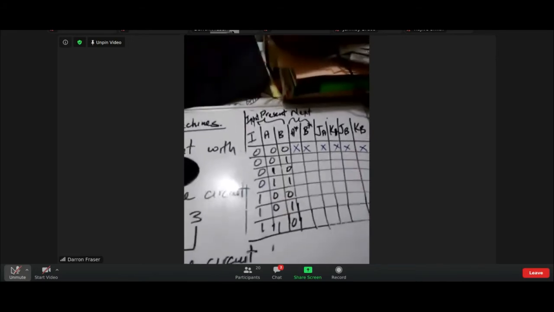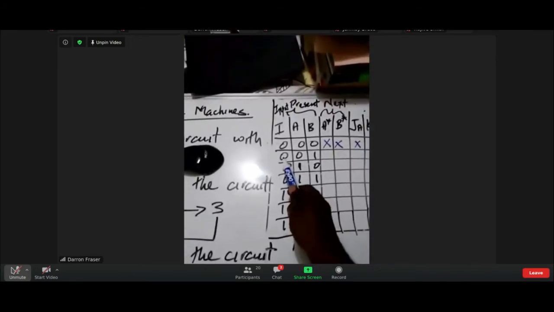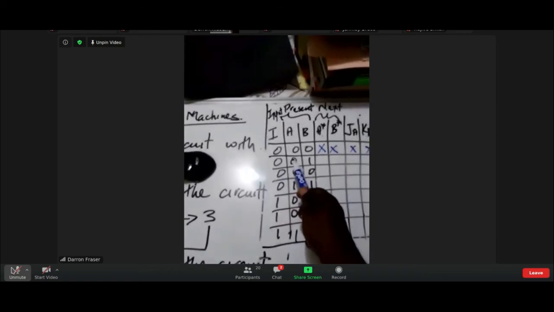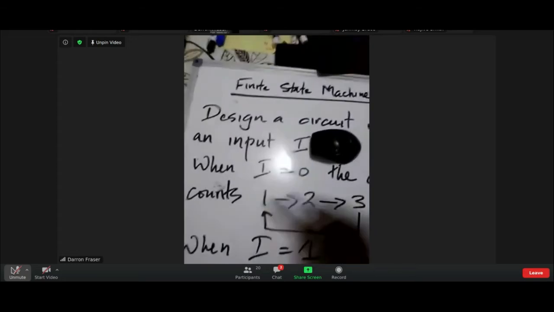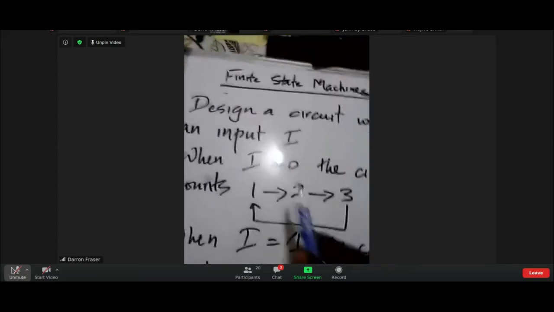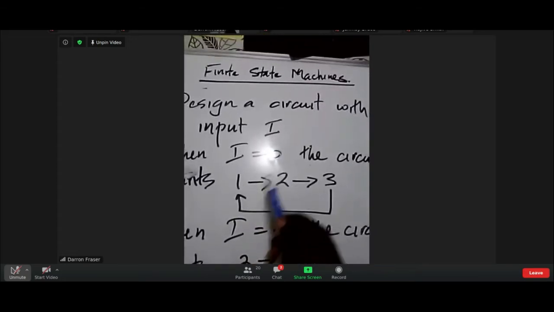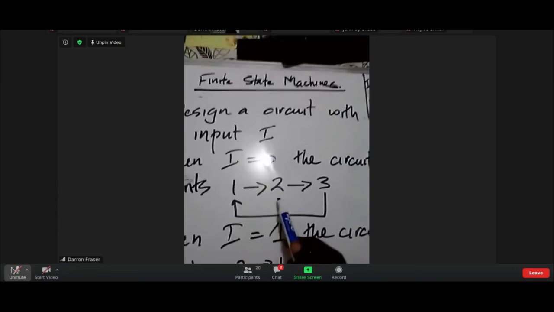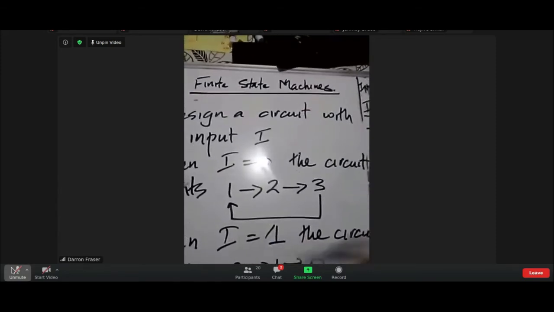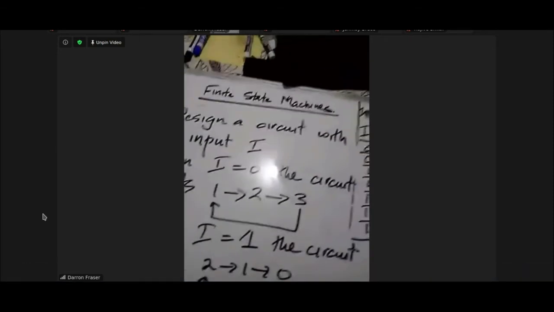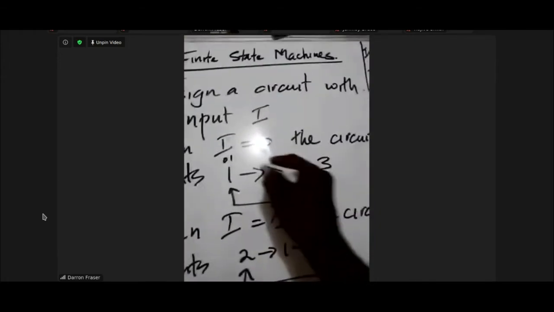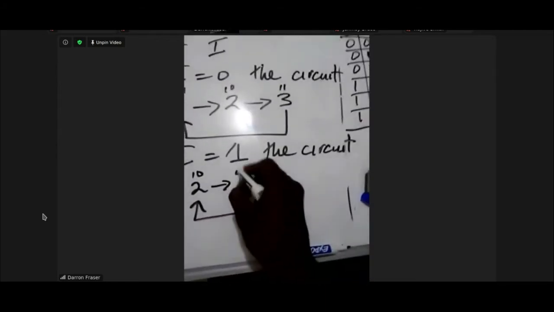All right. If I equals 0 and I'm presently at 1, then the next state that I go to is 2. Agree? And 2 is 1, 0.